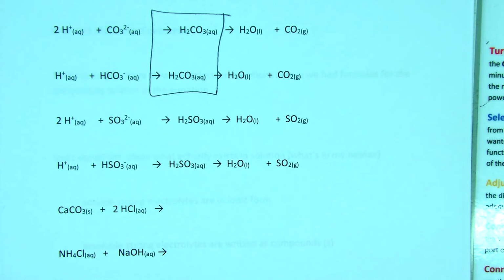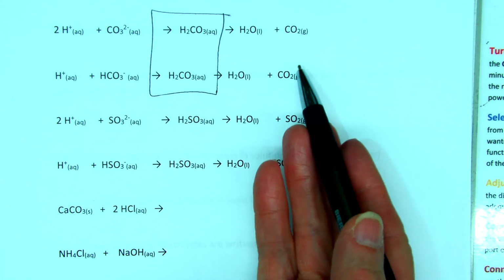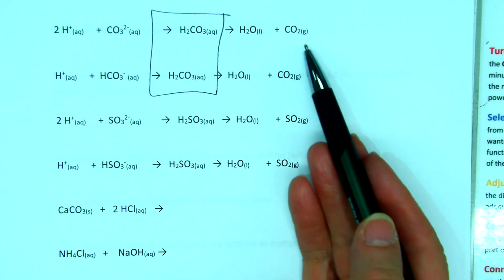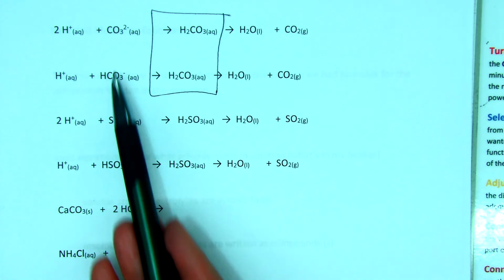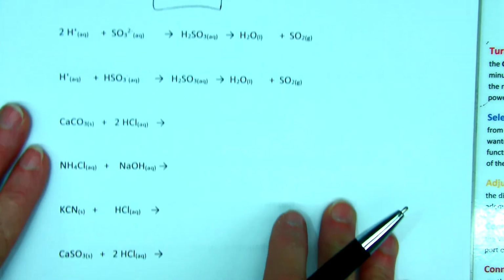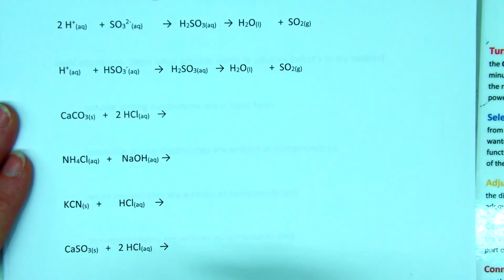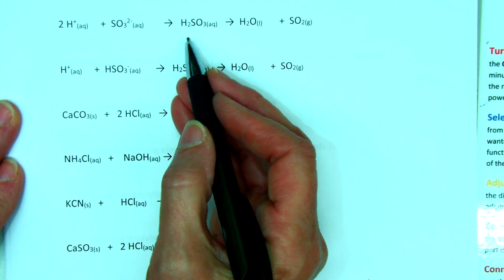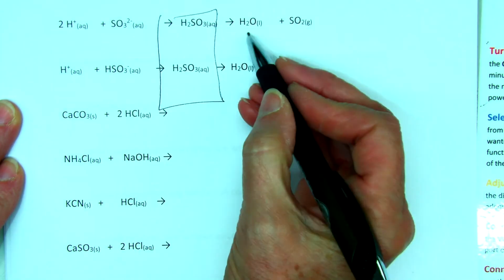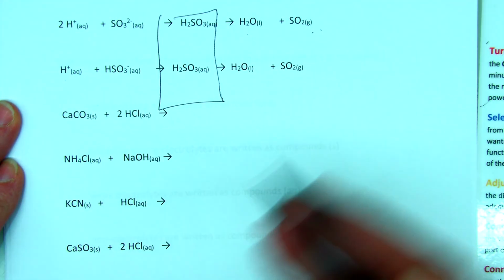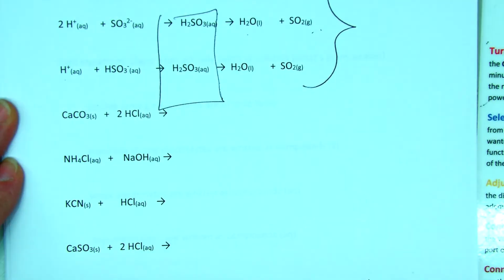Carbonic acid spontaneously decomposes to make water and carbon dioxide. If I open that bottle of Diet Coke, it'll go flat because the carbon dioxide is bubbling away. It's leaving the solution. So when we have these 2 combinations of ions, we make water and CO2. We have a similar thing happening down here with sulfite and hydrogen sulfite. If we get hydrogen plus sulfite, we make sulfurous acid, which then breaks down to give us water and sulfur dioxide gas. Same thing with hydrogen and hydrogen sulfite. So these gases are additional ones you have to remember.